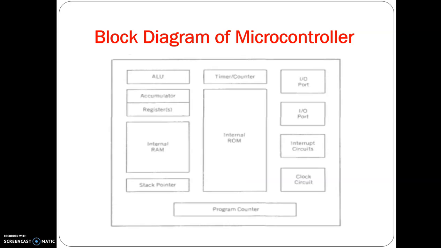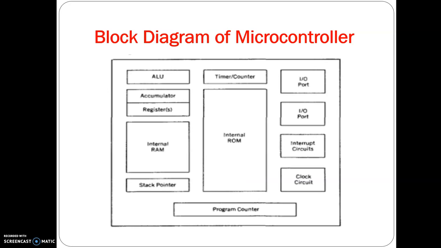So this is the block diagram of the microcontroller. You will find the similar elements which are there in the microprocessor, in the microcontroller also, but some additional blocks are the internal RAM and I/O ports. I/O ports are nothing but input-output ports, which are programmable ports.